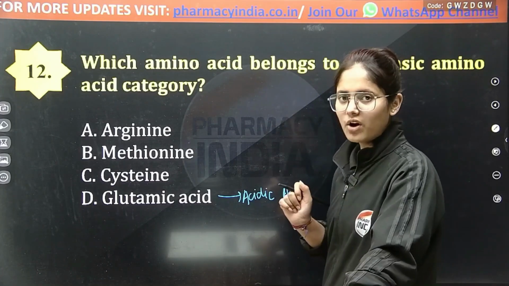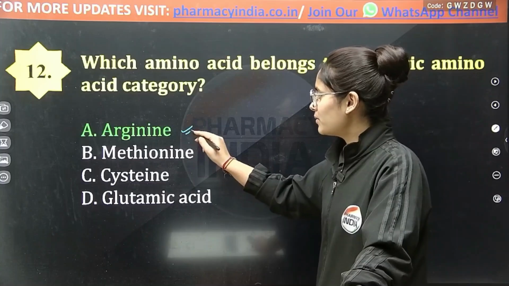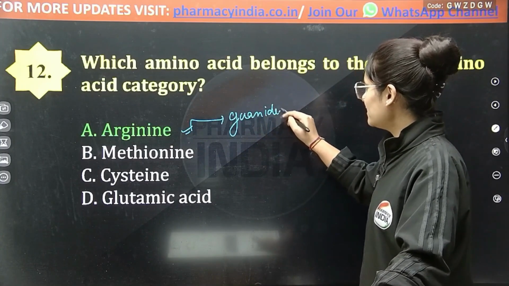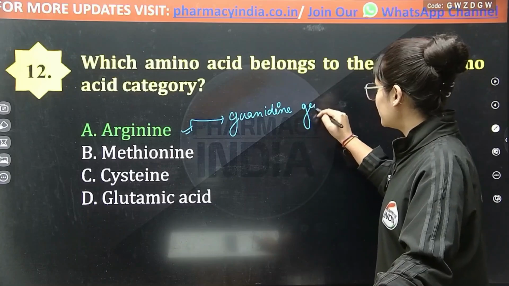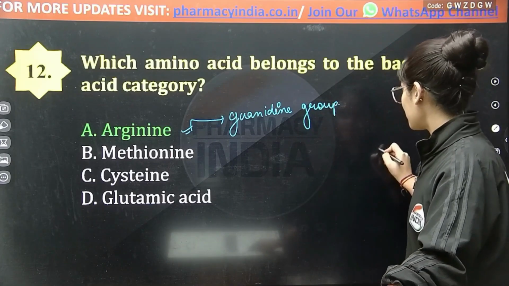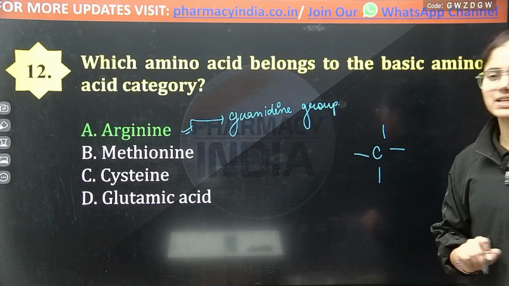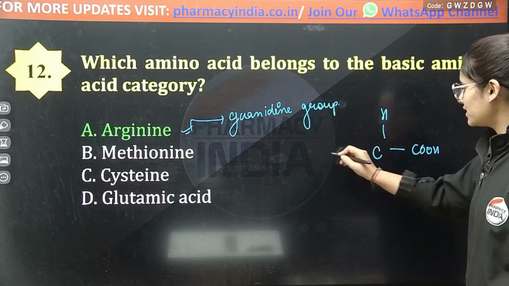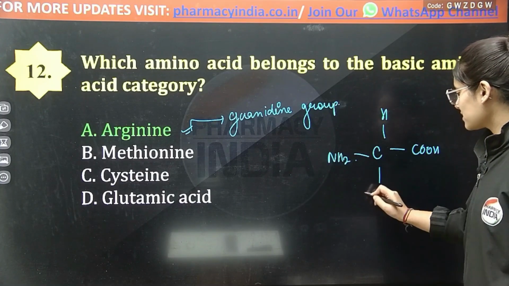Among arginine, methionine or cysteine, the correct option is arginine. Why? Because it contains a guanidine group in its side chain. If we talk about its structure, it is like this: COOH, H, NH2, and this is the guanidine group.